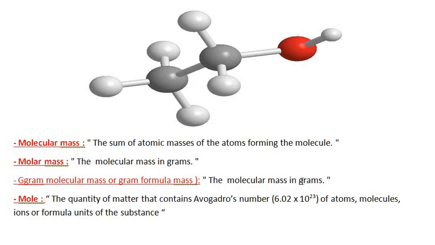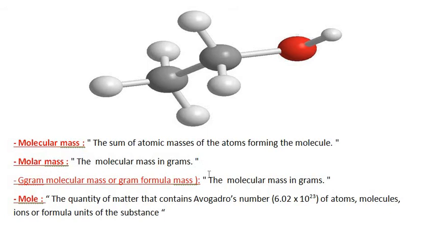Gram can be seen because we have all this number of atoms and molecules. The molecular mass is the mass of one molecule, which cannot be seen, so the unit is called AMU, atomic mass unit, which is very, very small compared to 1 gram. But the molar mass is the mass in grams.